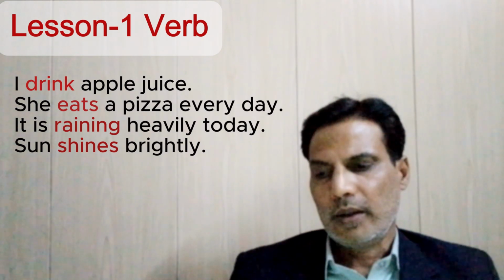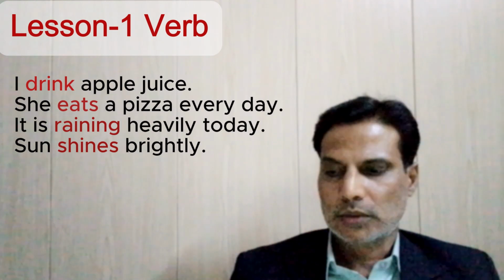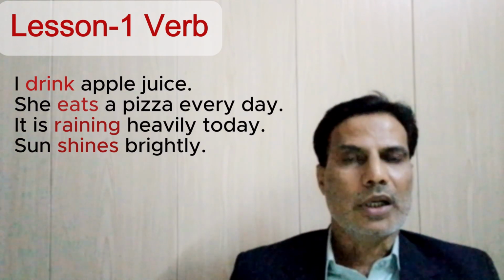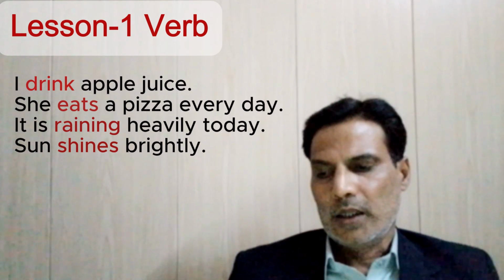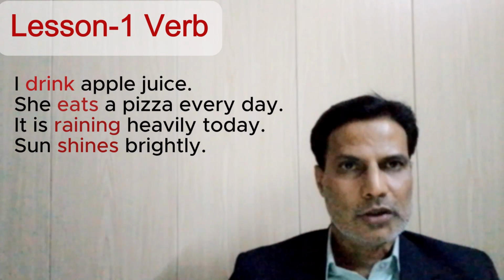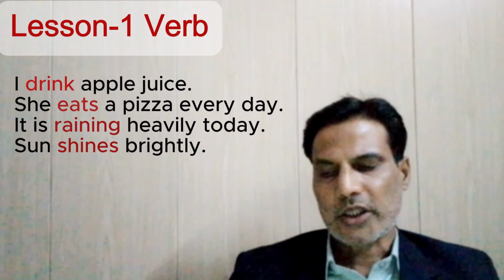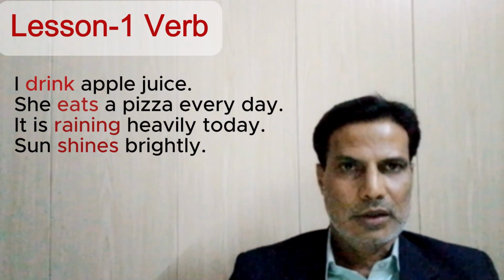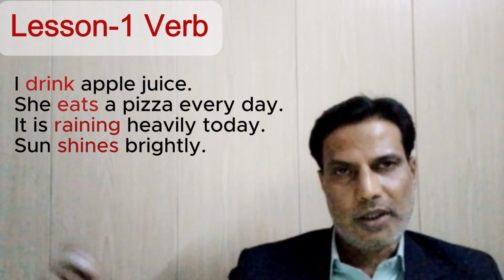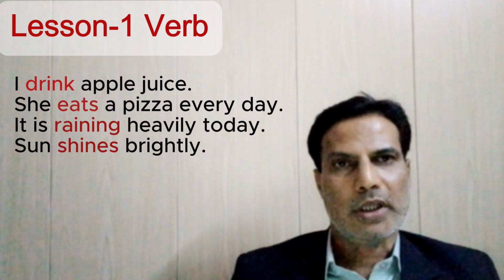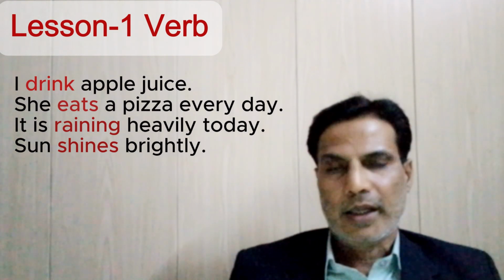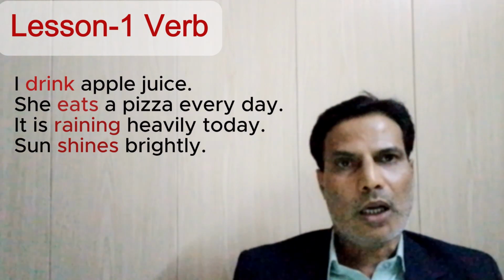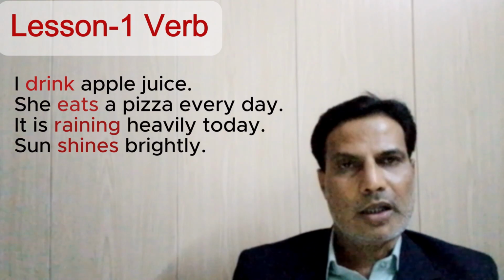I drink apple juice. She eats a pizza every day. It is raining heavily today. Sun shines brightly. So you see the difference. Now we have put verbs in the sentences, and the sentences clearly convey a message.